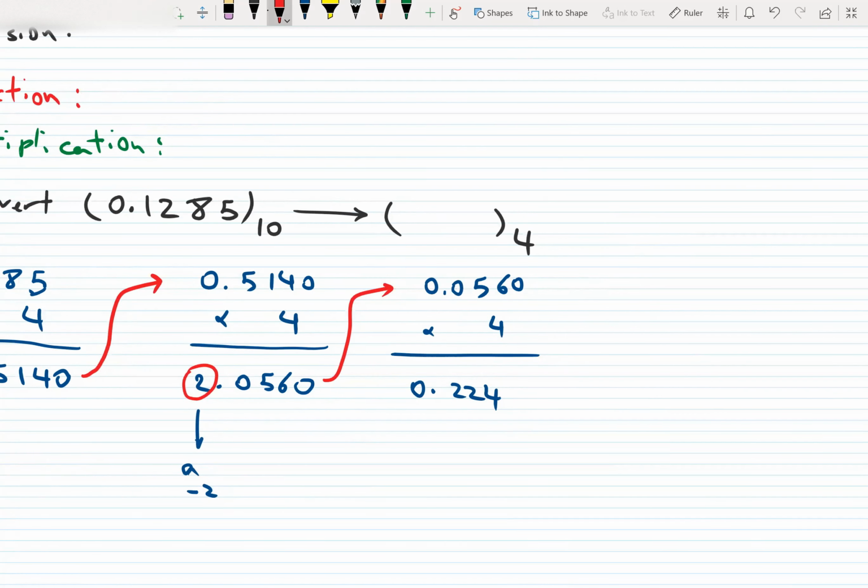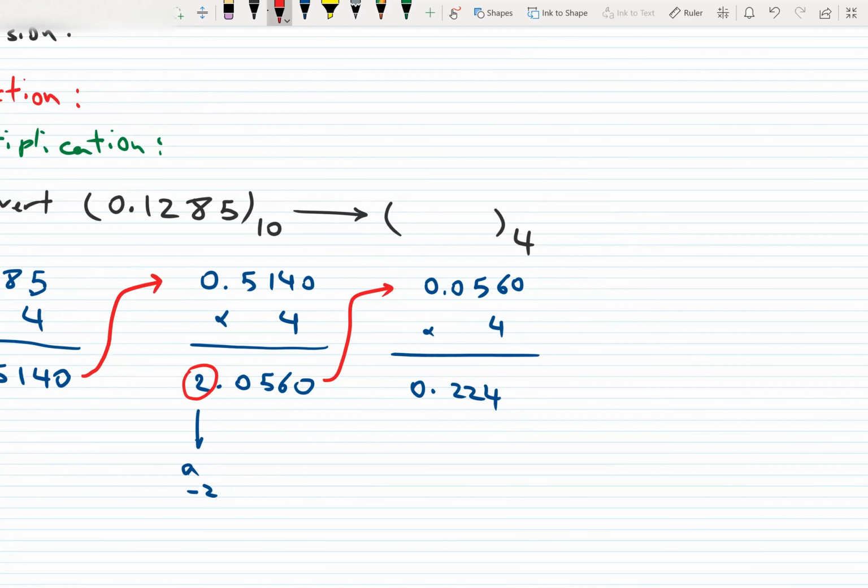Okay, next example. Again, as usual, I want you to pause your player and solve this problem yourself, and then compare your result with my solution.